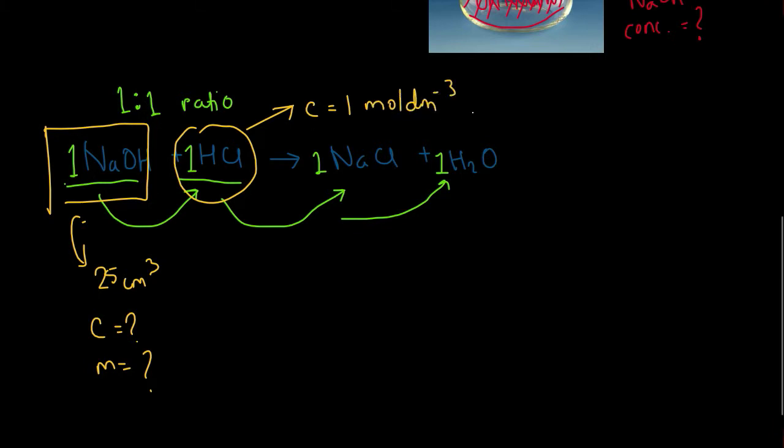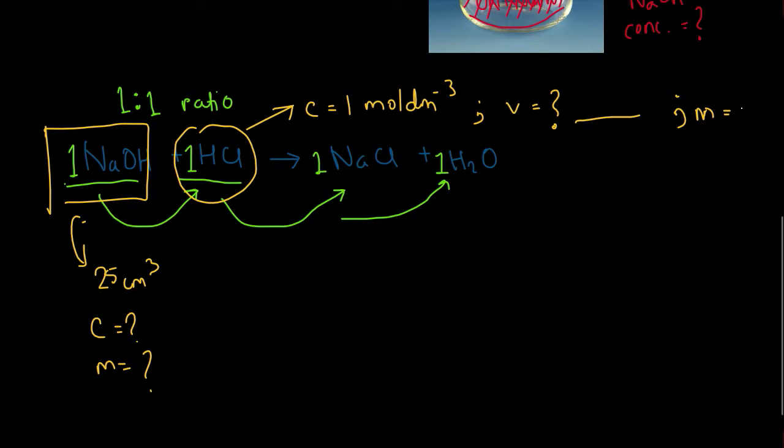So I think you can guess where we're going with this. If we can figure out the volume that's required to have them in equal amounts in the flask, it's very easy for us to figure out the moles using the second formula that we have talked about in the previous videos.